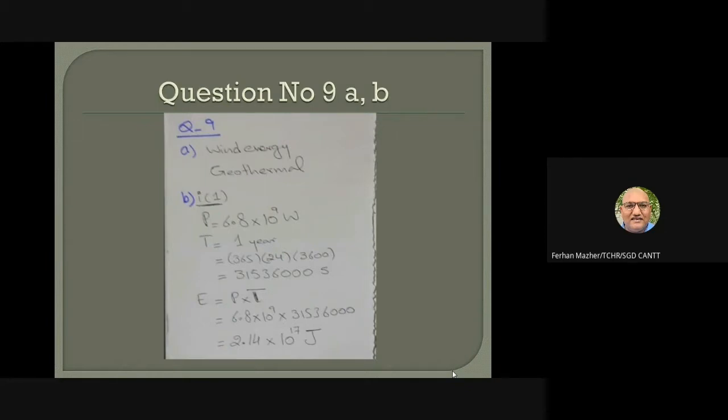So energy is 6.8 × 10^9 multiplied by 31,536,000. If you use your calculator, the answer will be 2.14 × 10^17 joules. I think it's very simple, and I hope that you have understood this.